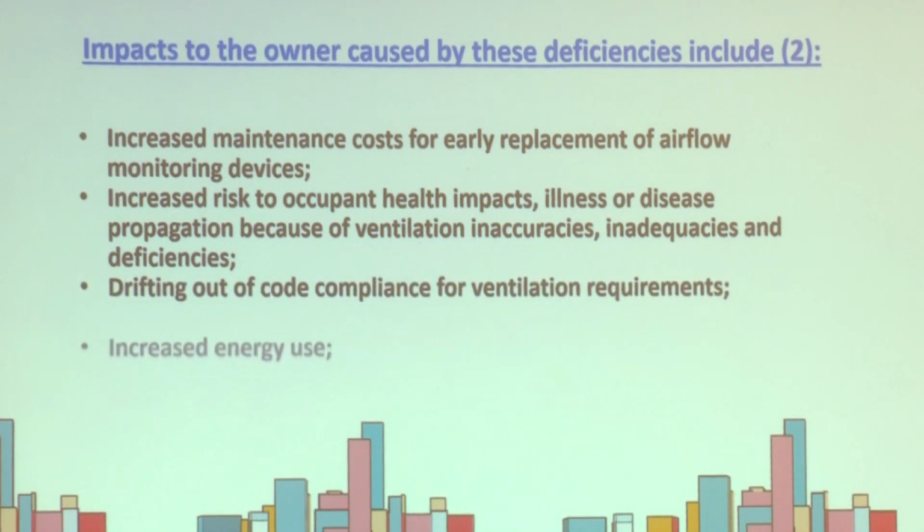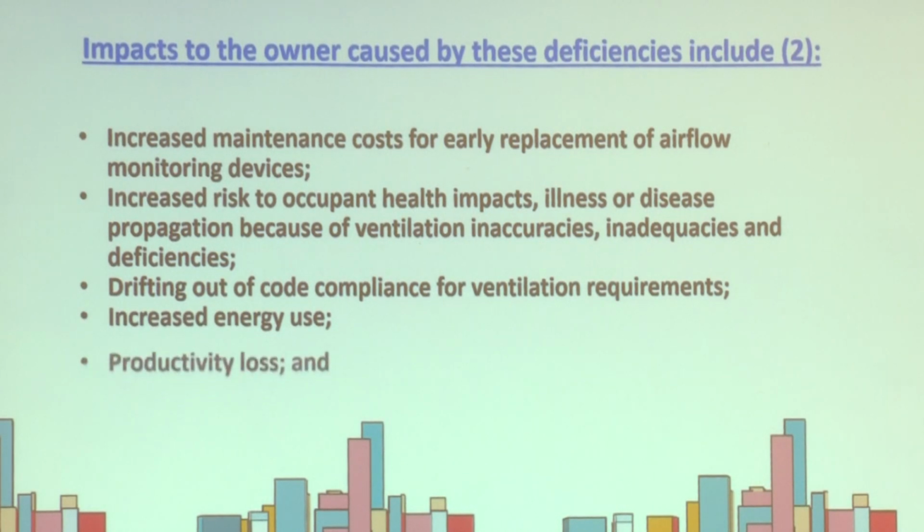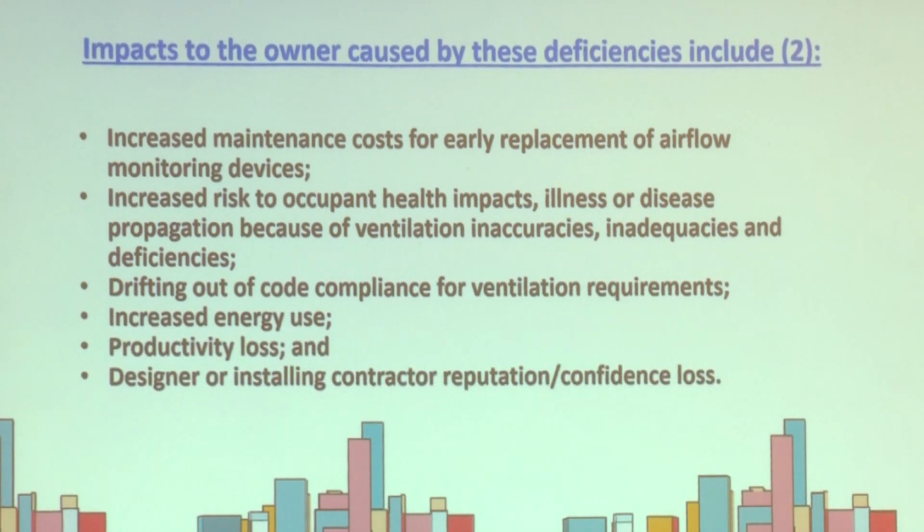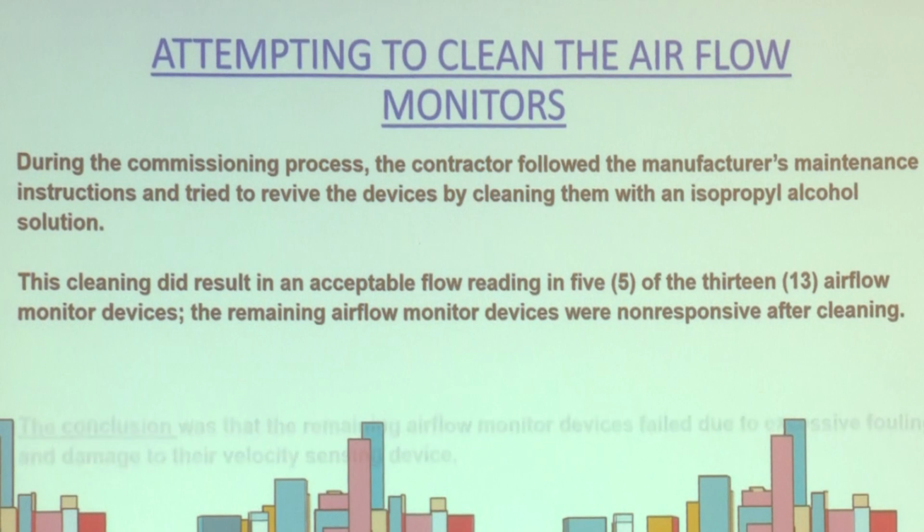Now we're drifting out of code compliance for the ventilation, we're increasing energy use, we're losing productivity, and the designer or installing contractor now has a bad reputation. And it's not all their fault. They weren't told to do this. The outside air was not filtered in the design or the construction, so it's not really their fault, but they still get a bad reputation because they're involved with a bad job. So it's a bad job for everybody and everybody suffers.